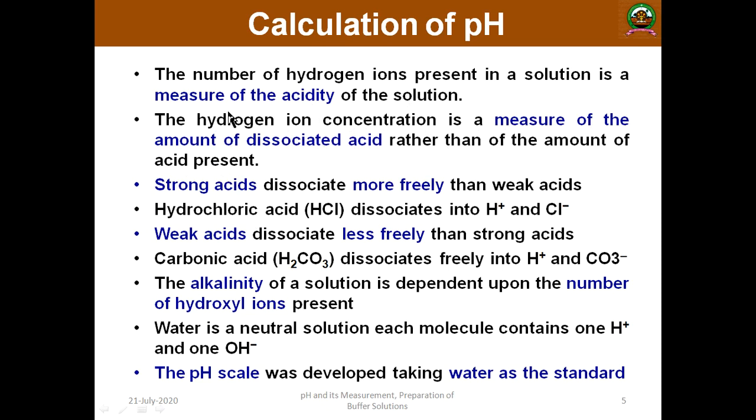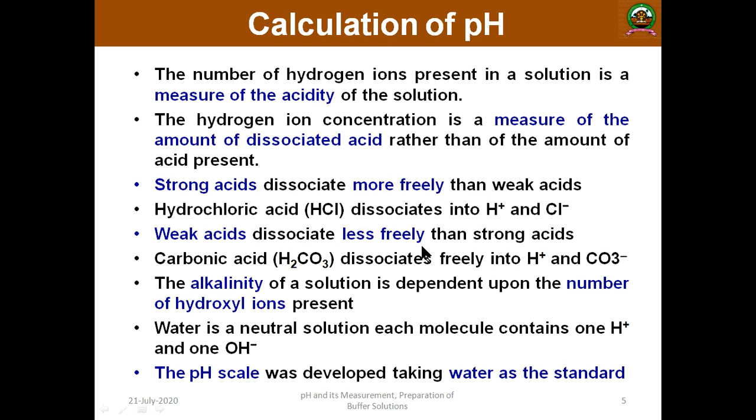We have seen that an acid HA will be dissociated as H plus plus A minus. There are two types of acid, weak acid and strong acid. A strong acid will dissociate more rapidly and freely than a weak acid. For example, hydrochloric acid HCl dissociates as H plus plus Cl minus.